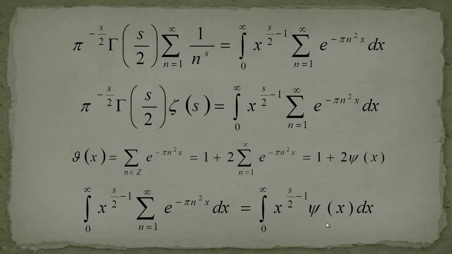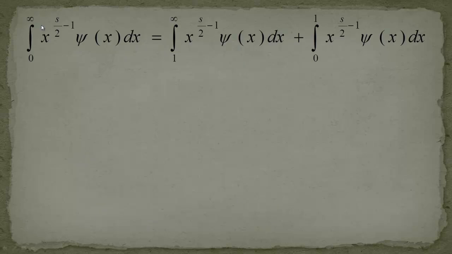Nothing really fancy happened, and you should see that this expression equals the integral from 0 to infinity of x to the s over 2 minus 1 psi x dx. Okay, we will use that later on in the final step. Now let's have a further look at this integral which we had on the right hand side and divide this up into 2 parts.